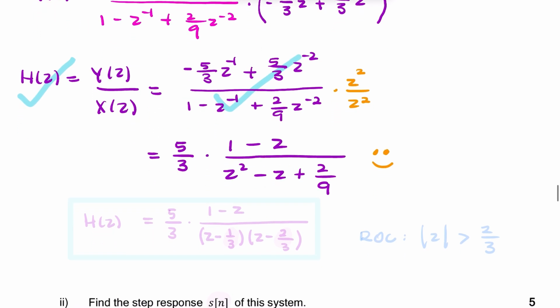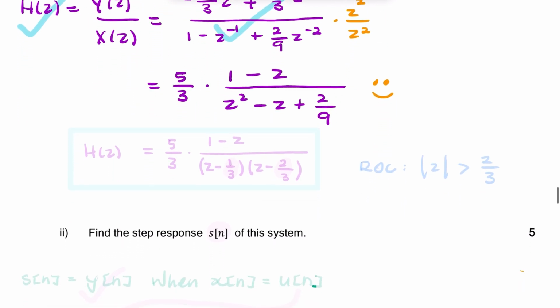I think we can do even better. We can factorize the denominator. So I think I can write that as 5 over 3 times 1 minus z divided by z minus a third times z minus 2/3.